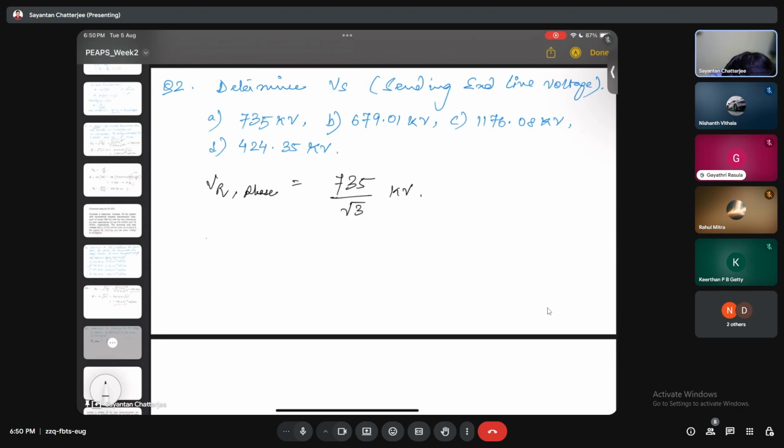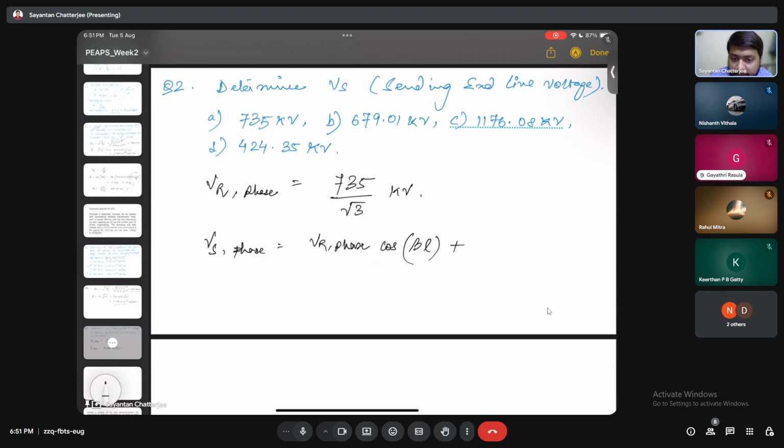So VS phase voltage, the sending end phase voltage, will be VR phase, which is already converted, cos beta L. These are just the ABCD parameters, and the direct sending end voltage derivation sir has also discussed.